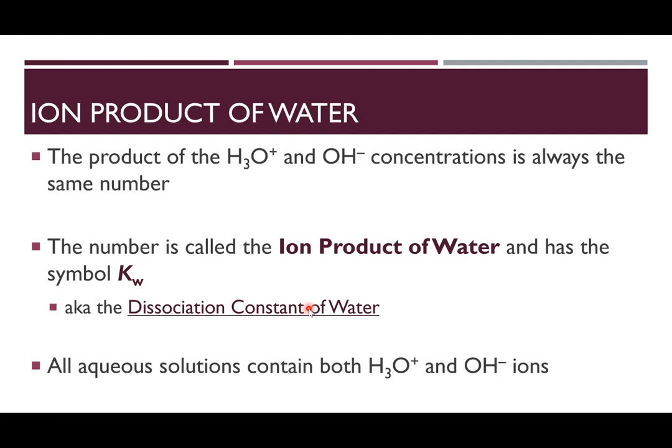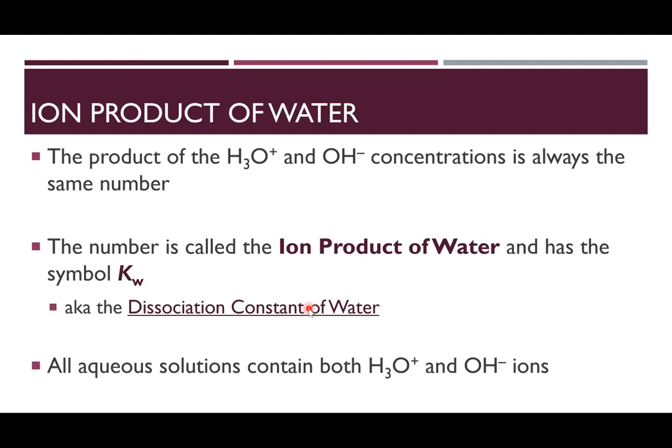So we have learned that water spontaneously ionizes, so 2 in every 1 billion molecules will break apart into hydronium and hydroxide. We wrote the Kw value, so we can determine that constant, and it's going to be 1.0 times 10 to the negative 14th.